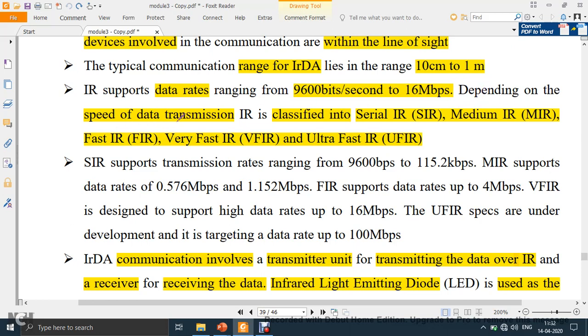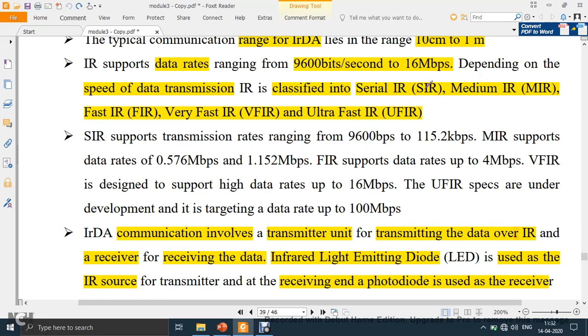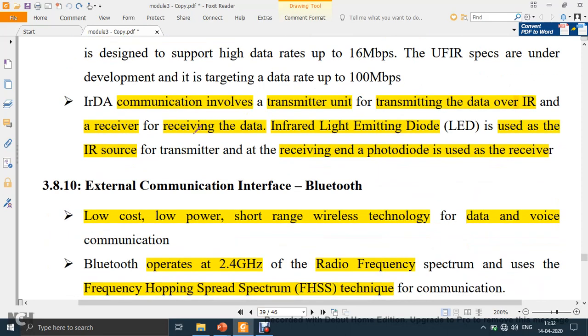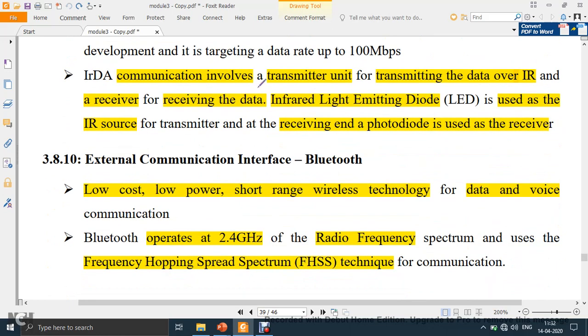Depending on the speed of data transmission, IR is classified into serial IR, medium IR, fast IR, very fast IR, and ultra fast IR. This is the classification based on speed, so there are totally 5 types of transmissions. Next, IrDA communication involves a transmitter unit for transmitting the data and a receiver.